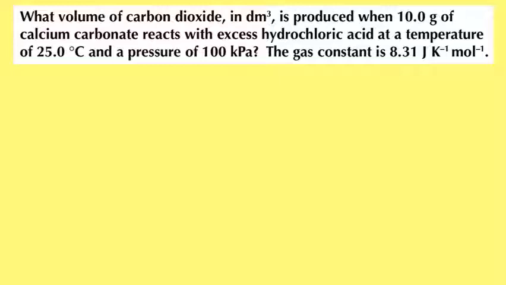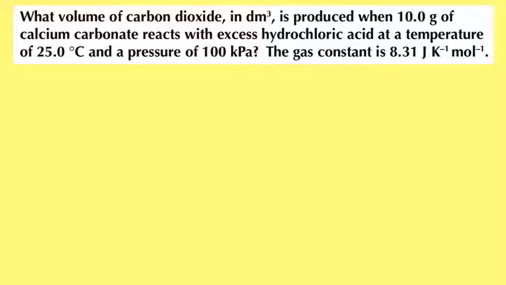So let's read the example carefully. The question is asking us for the volume of carbon dioxide in decimeters cubed, and what volume is produced when 10 grams of calcium carbonate reacts with excess hydrochloric acid at a temperature of 25, pressure of 100 kilopascals.